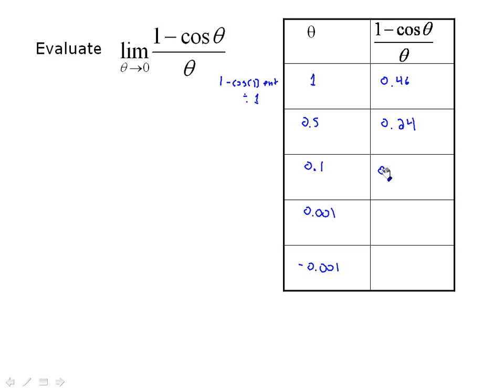Then 0.04995. Then you're going to get 5 times 10 to the negative 4. That's a small number. And then I think you're going to get the same thing on the next one.